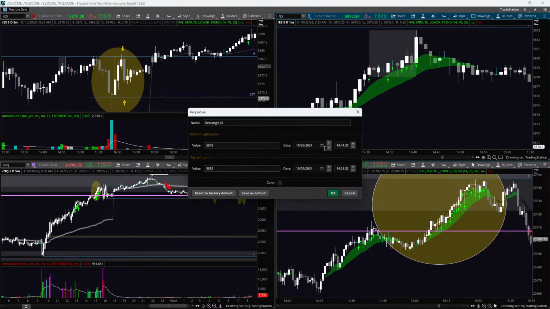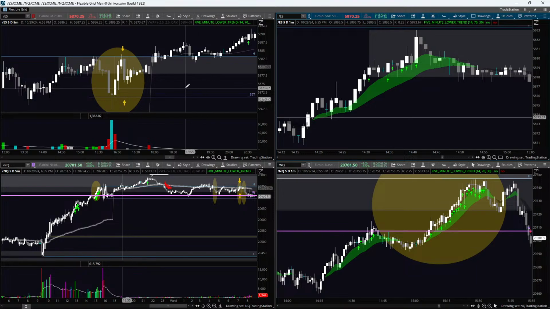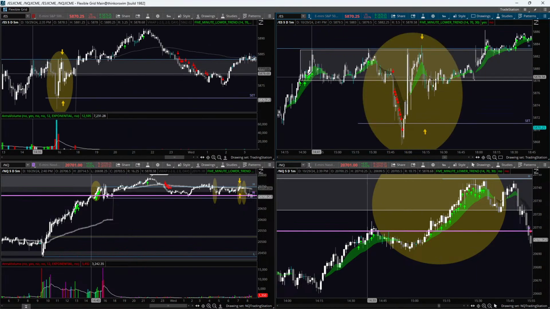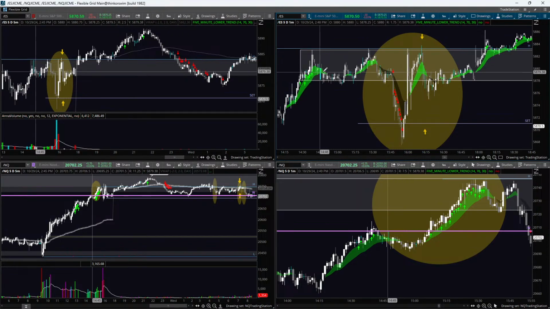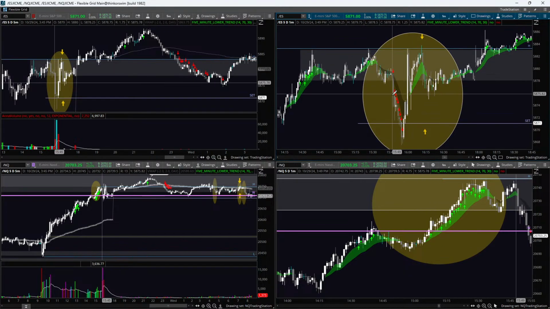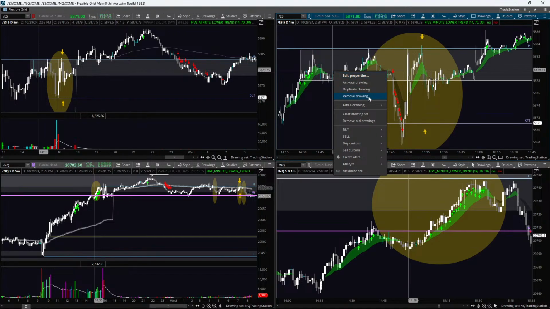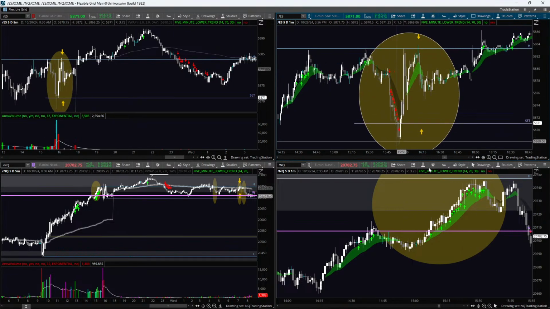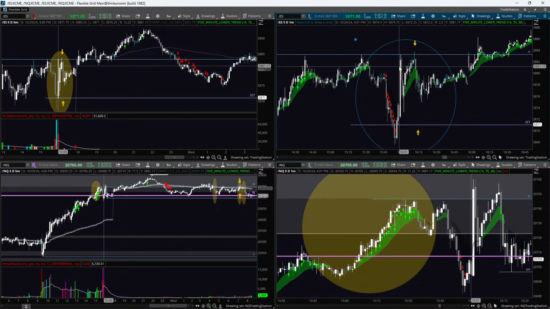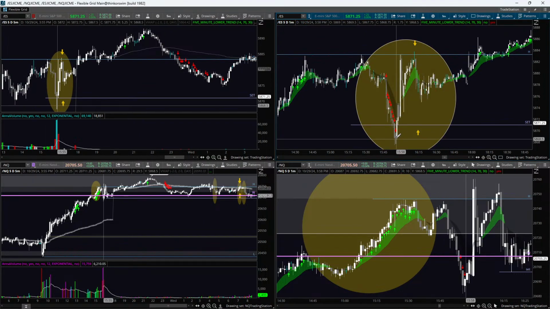Let's see if we cleared it. Oh, looks like we did. Looks like we cleared the heck out of it. Where is this? All right, so the top part's no good. The bottom part of that cluster is important. One, two, three.